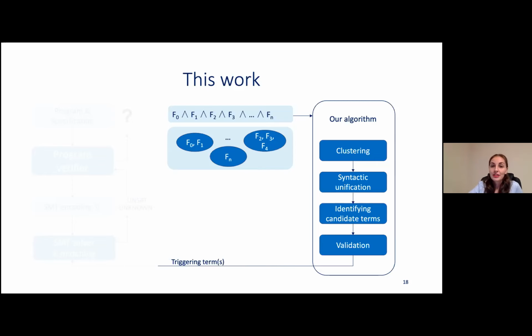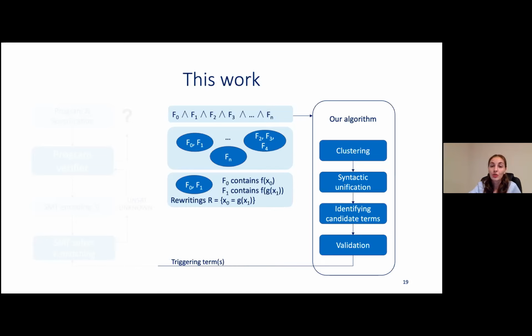So the first thing that it does, it clusters formulas into similarity clusters based on function symbols that they share. The scope of this is for us to try to isolate the source of the contradiction and to explore the search space in an efficient way. Afterwards, we look at each cluster in isolation and we perform a simplified form of syntactic term unification where we identify rewritings.